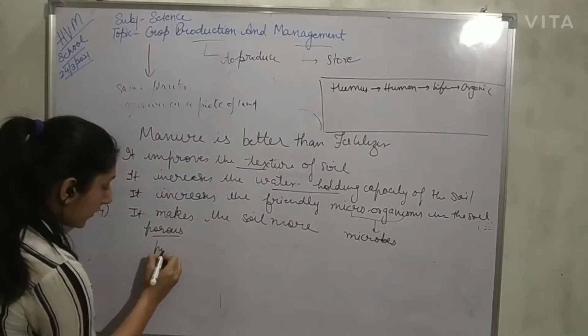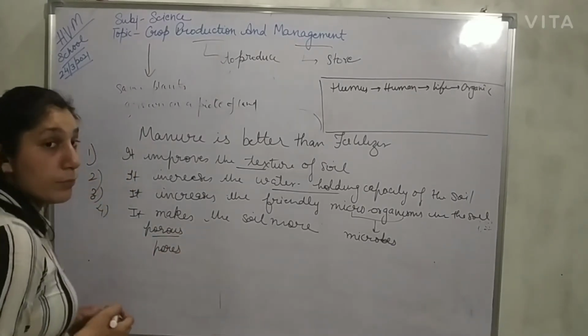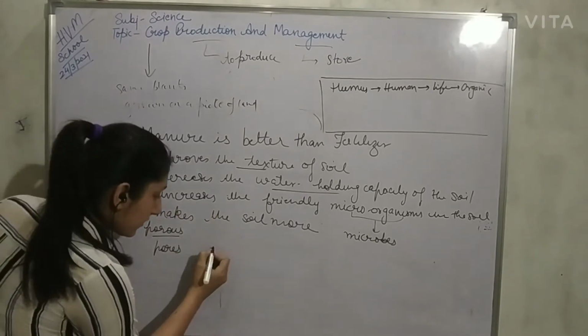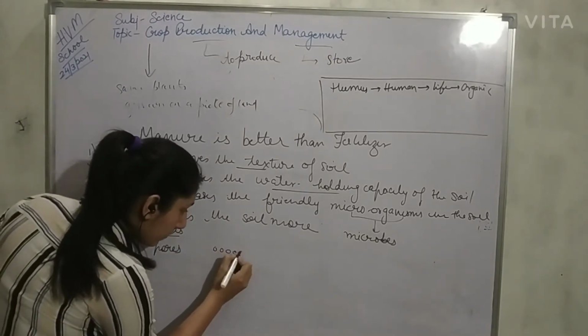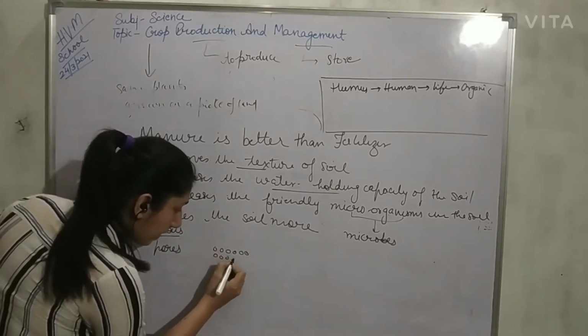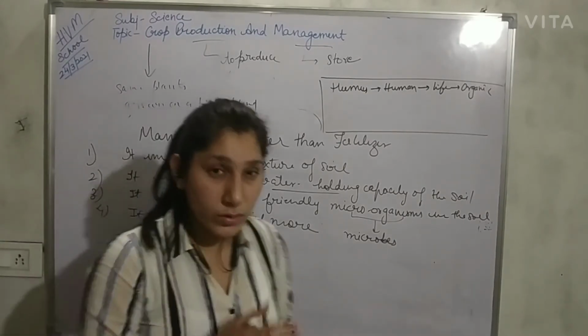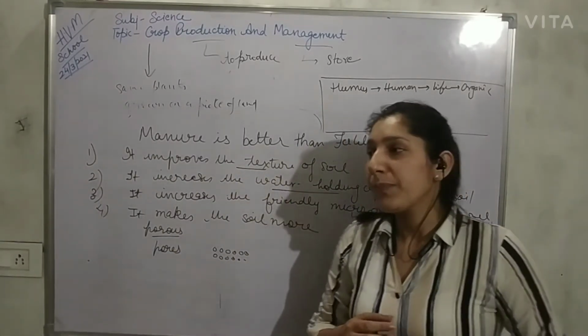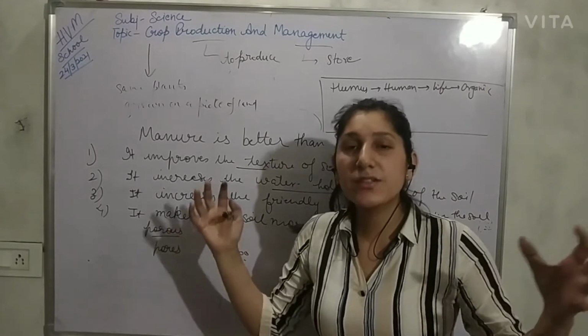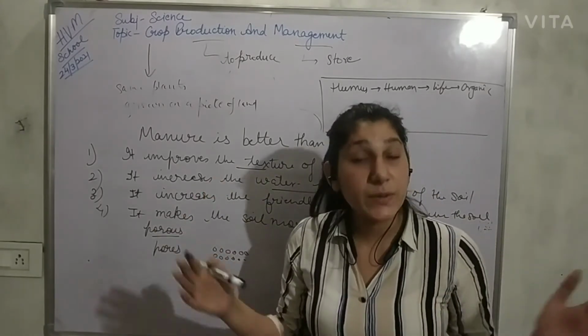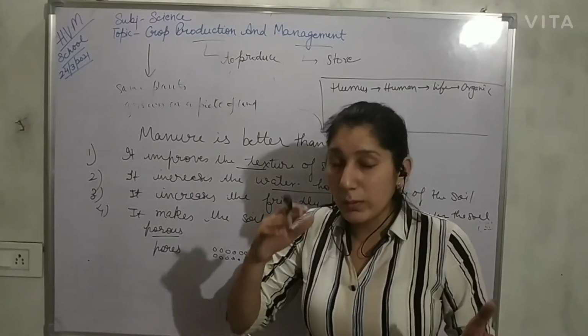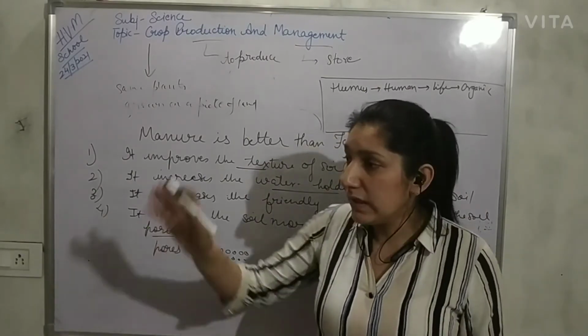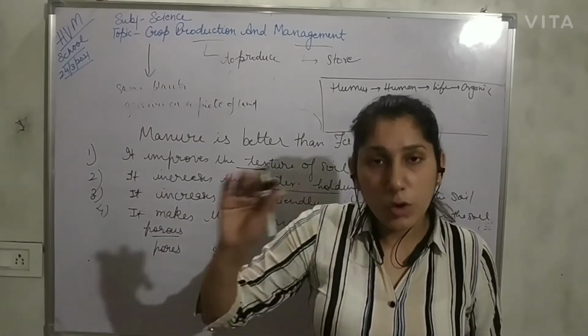Porous means, the word porous has come from pores. Pores means holes. So in the soil there are holes in it, and through the holes the exchange of gases takes place all the time. Even when we are not noticing, the land is there, the crops are growing.